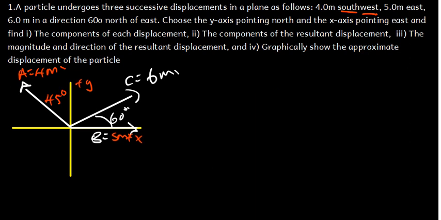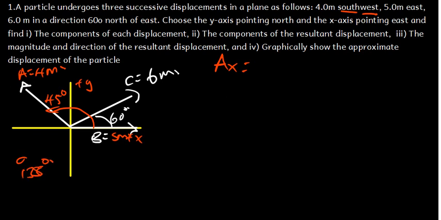Now these are the only vectors we have. Now the first question is saying we need to find the component of each vector. So it's just a matter of us resolving each vector into x and y components. So we have vector A, we're going to have A_x is going to be equal to, we know that for vector A, the angle is going to come from this point all the way to that point. So it's going to be 90 plus 45, which is going to be 135.